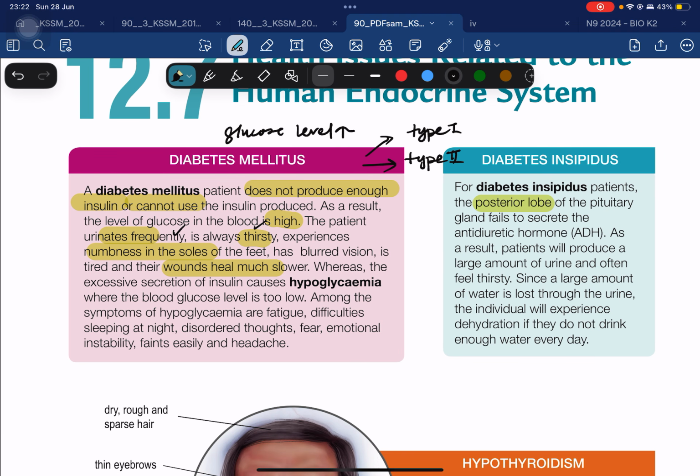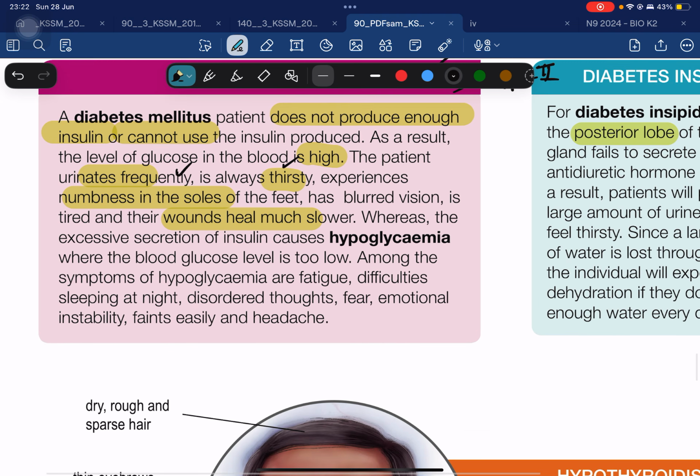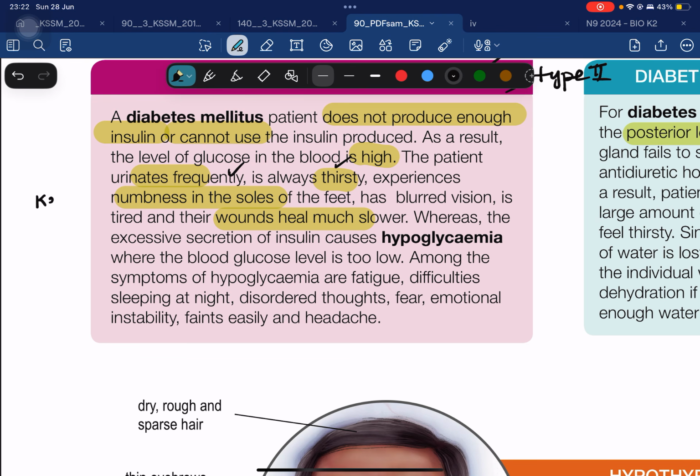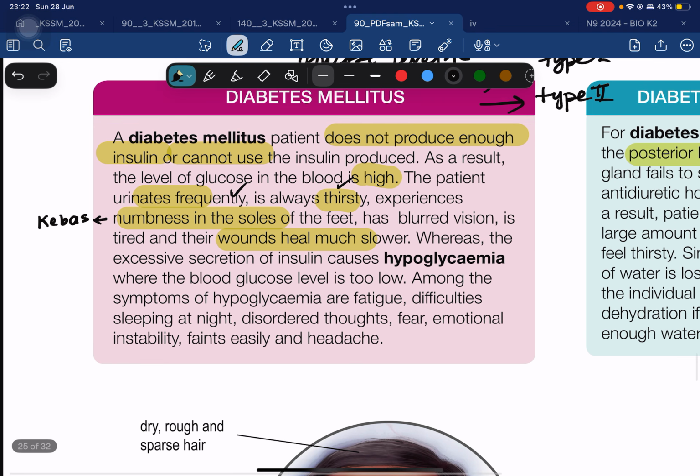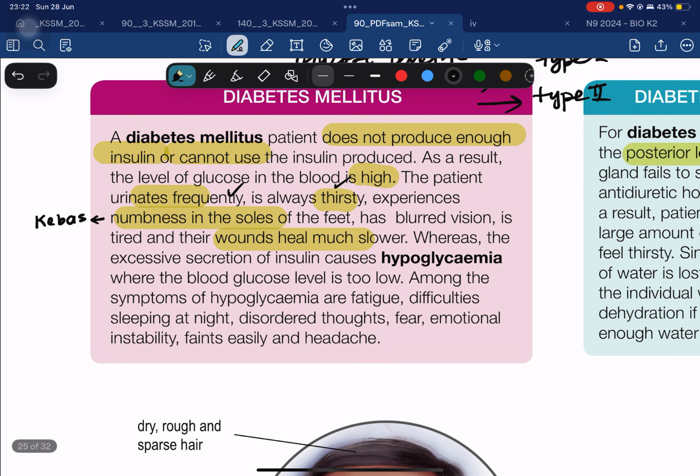Numbness in the soles of the feet maksudnya adalah dia akan rasa kebas pada bahagian tapak kaki dia. Tapi dia bukan leg cramp tau. Dia akan rasa kebas. And even some other symptoms like blurred vision, which basically will be experienced by diabetes patients. And their wounds will heal much slower.